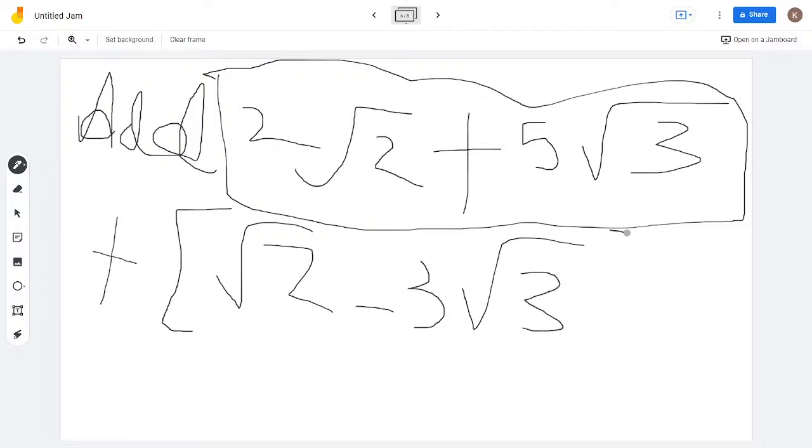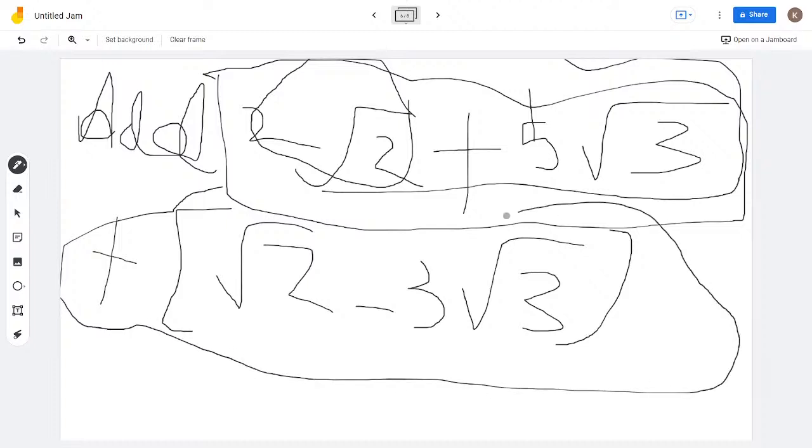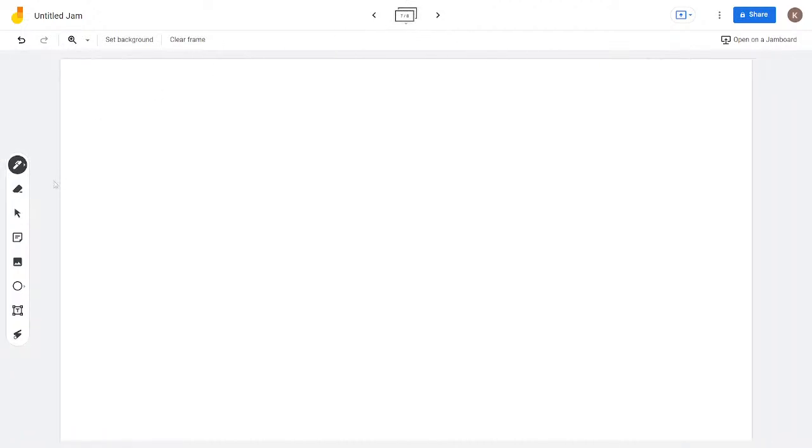Many people would have a query here: this first number already has two parts in it, right? But since we cannot add two irrational numbers in the same manner we add rational numbers, this whole is one irrational number. And the second one, the whole of root 2 minus 3 root 3, is again an irrational number, and we are going to add these two numbers in our next slide.